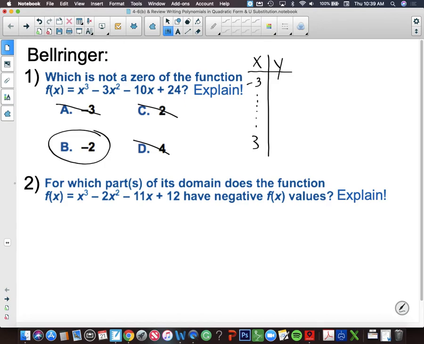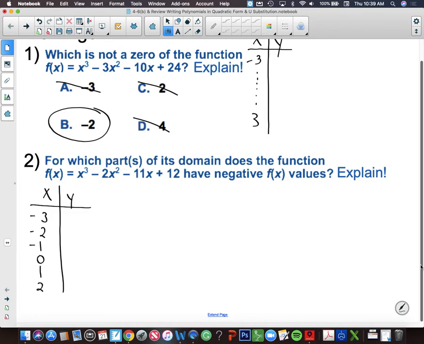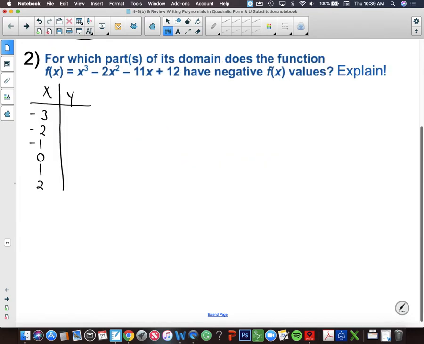Okay, for the second one here, for which parts of its domain does the function have negative values, you're going to have to do an XY chart, okay? And you want to just kind of start with your generic -3, -2, -1, 0, 1, 2, and 3 down at the bottom there. That way we can actually see what values we get for this thing.